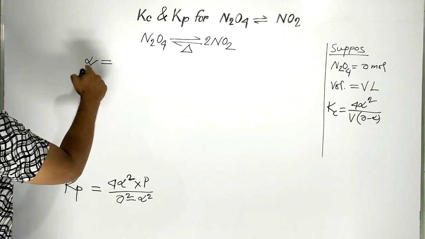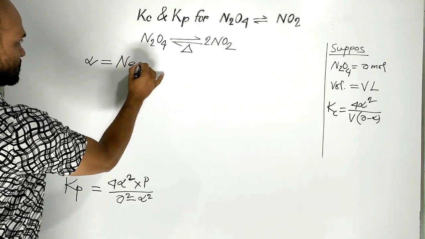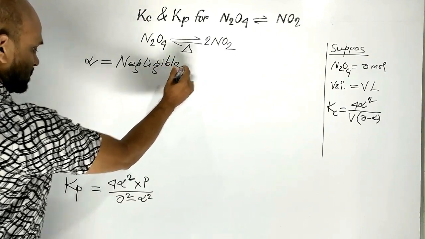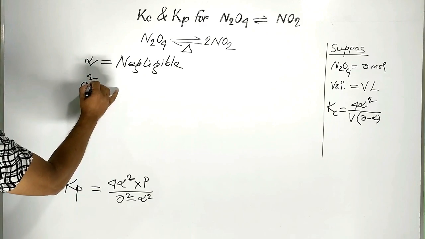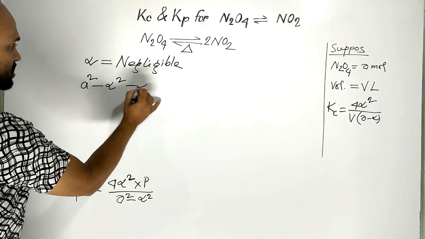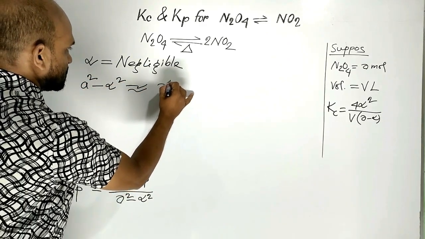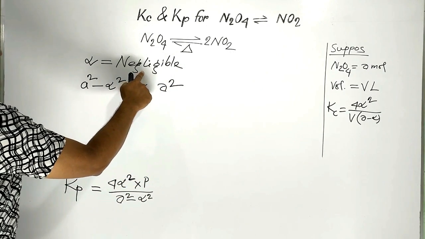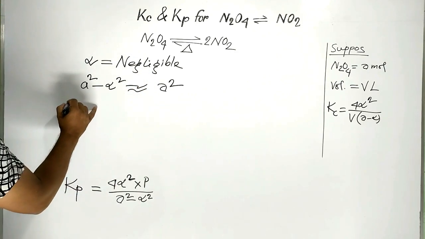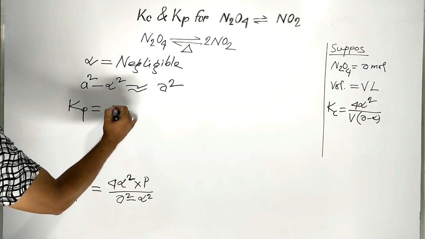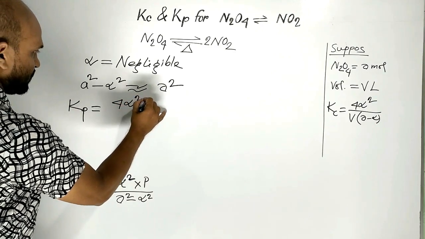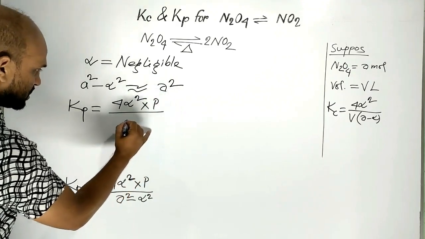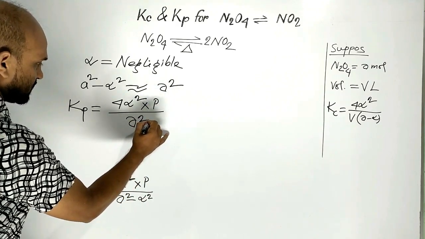If it is very small, if it is considered negligible, then A square minus alpha square is equal to, we can write, A square, if the value of alpha is negligible. Now from this equation we can write Kp is equal to 4 alpha square into total pressure divided by A square.